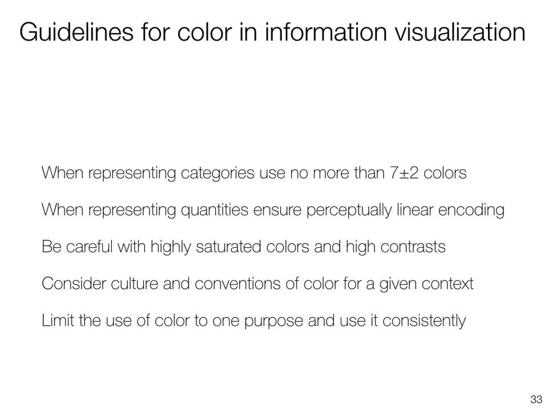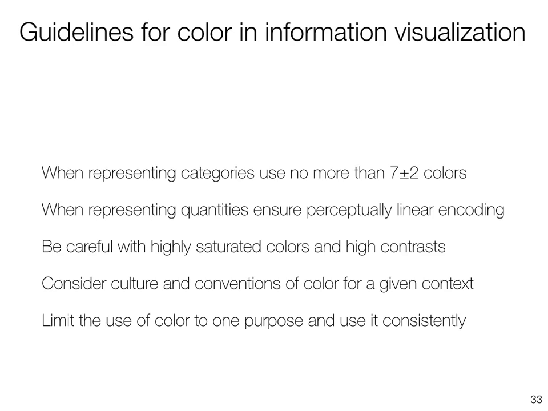Of course, we should also be aware of cultural conventions, so certain colors actually signal something specifically. And in general, I would say color is a rare resource. It's a kind of a precious resource that you should use purposefully and ideally only for one purpose. So use it consistently so that people do not get confused about it.